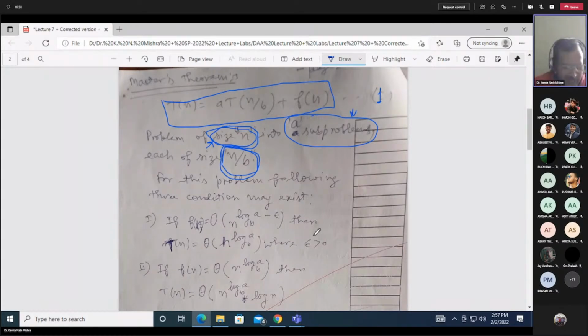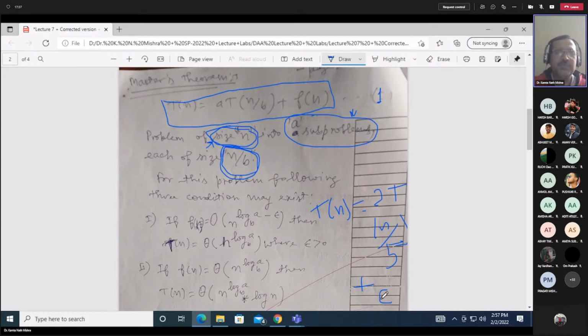And if I say Tn equals to 2Tn by 5 plus C, now what is size of problem?